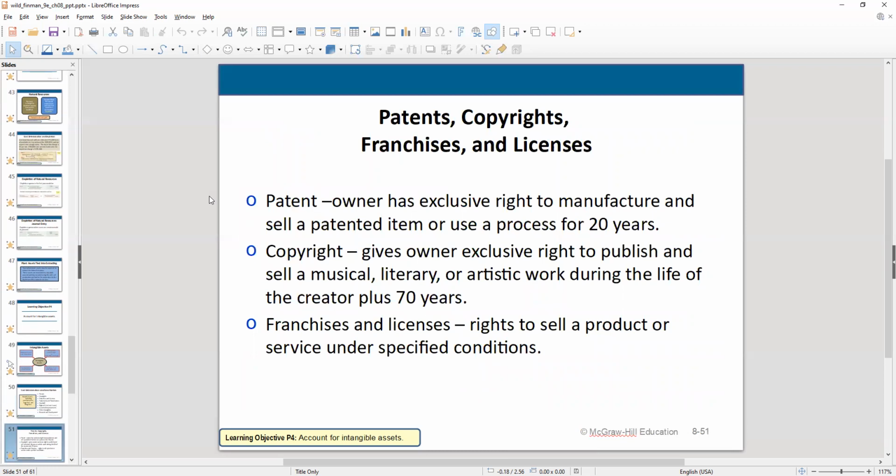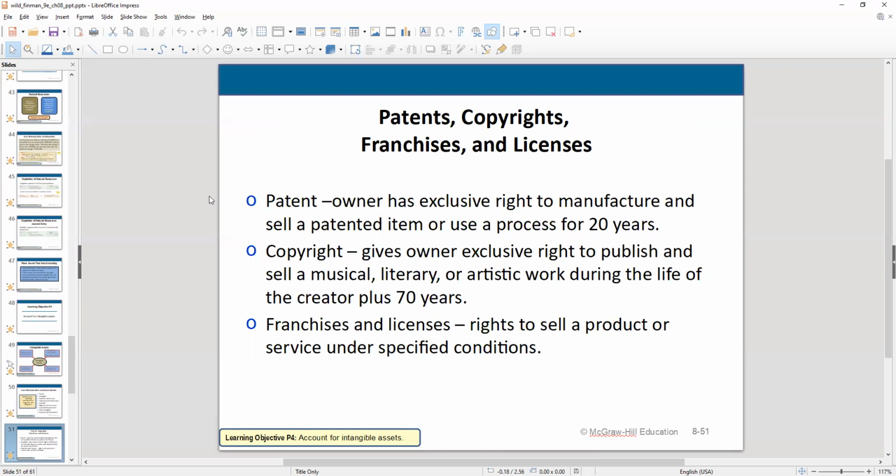Some examples: a patent owner has a right to manufacture and sell a patented item for 20 years. Copyright gives somebody the right to use their work for 70 years. Although I understand there's something in there that Disney helped create through our legislation that lets you renew that.